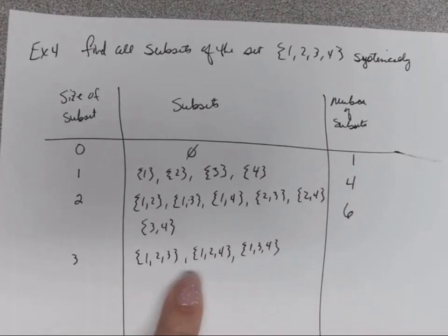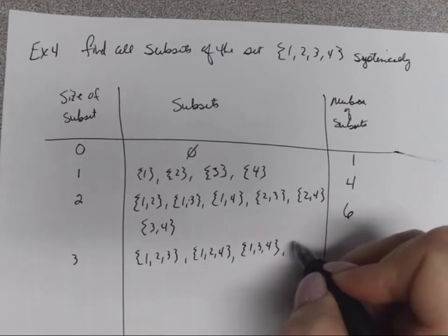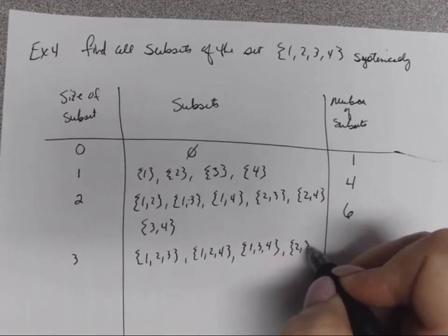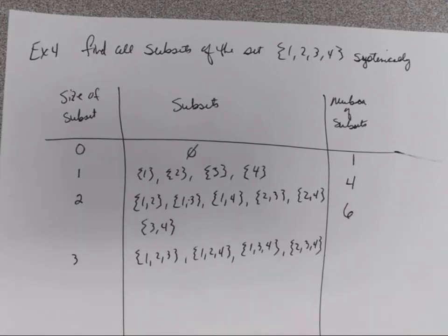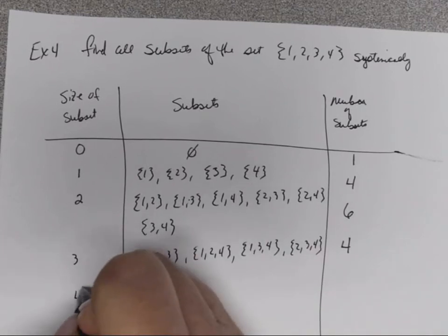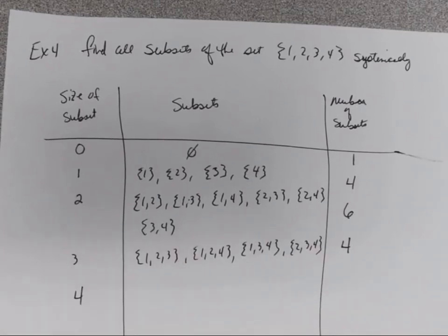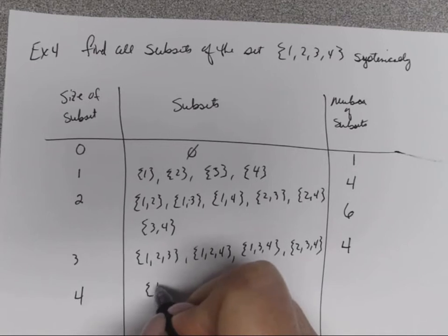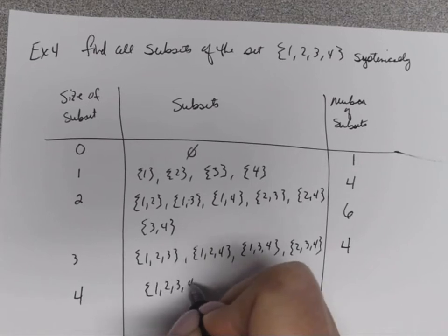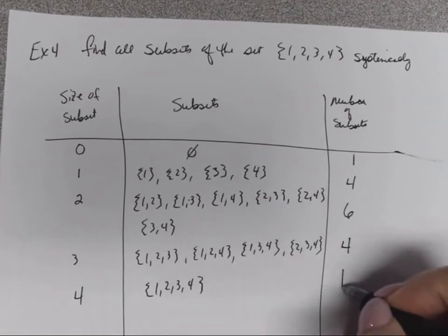Now I've done all of the 1s. Let's go do the 2. So 2, 3, and 4. And that's all there is. So we've got 4. And then we can have the subset with 4 elements in it. So we'd have 1, 2, 3, and 4. And that would give us 1.